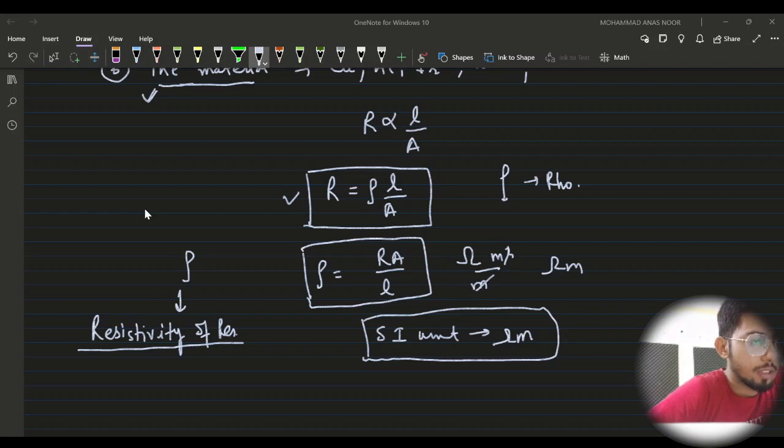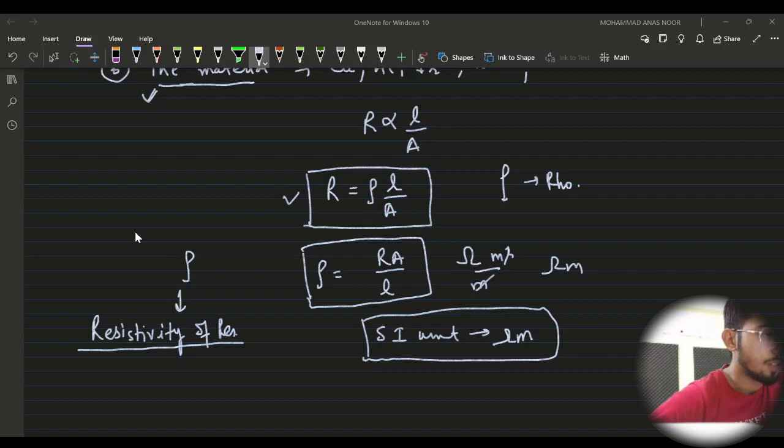Then platinum, mercury, iron. If you move on to the insulators, you can see they have a very huge resistivity, of the order of 10 to the power 10 or maybe more. So the lower the resistivity, the better the material is as a conductor. Conductors have very low resistivity.